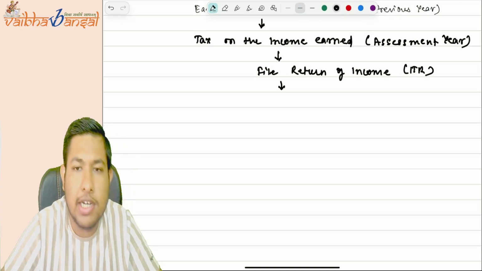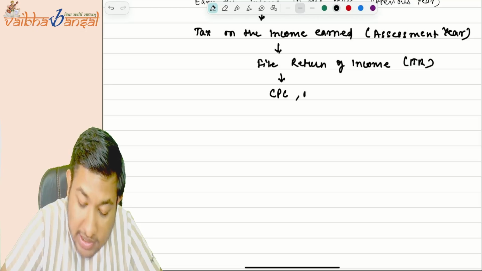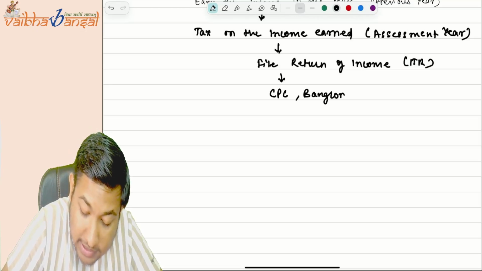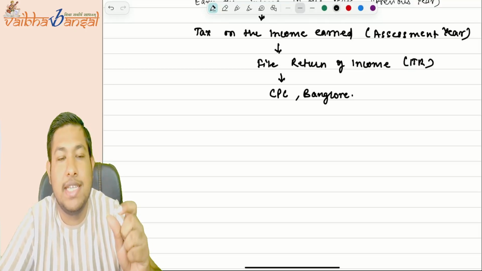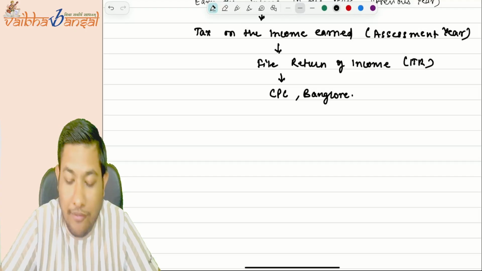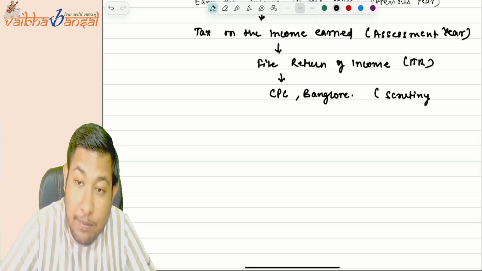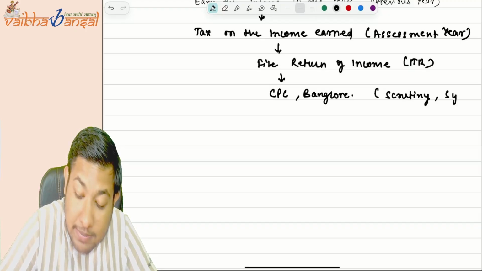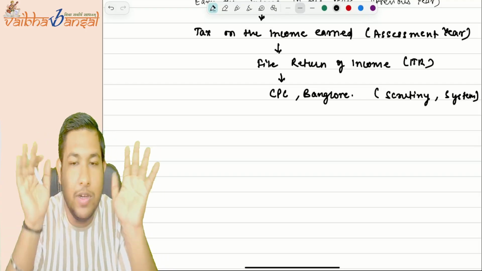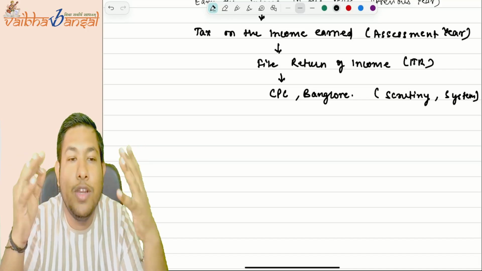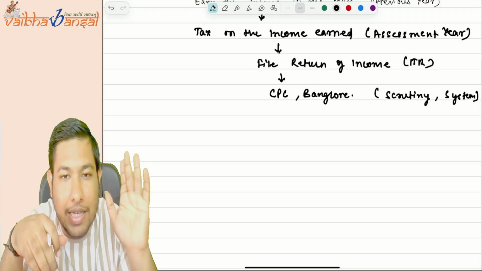After that, whatever return you have filed will go to the Central Processing Centre, known as CPC Bangalore, where a preliminary check will happen by the system, a computer, which will see whether you have filed the return correctly or not.